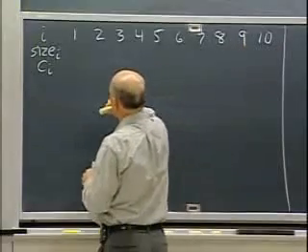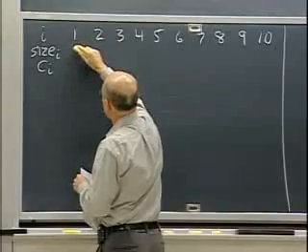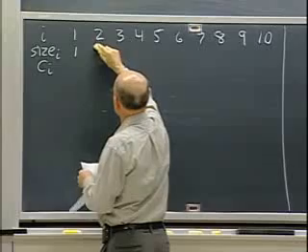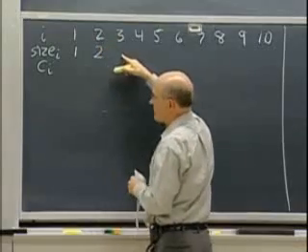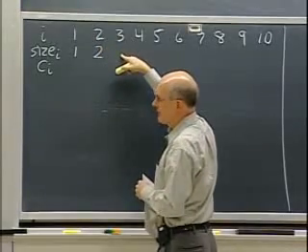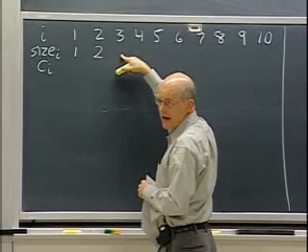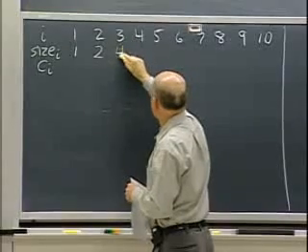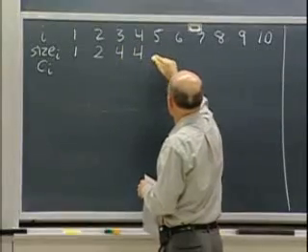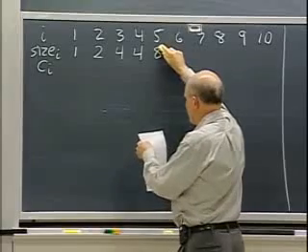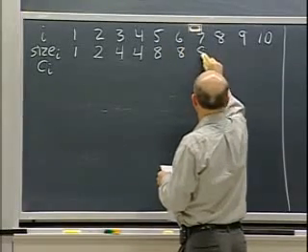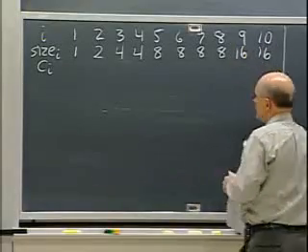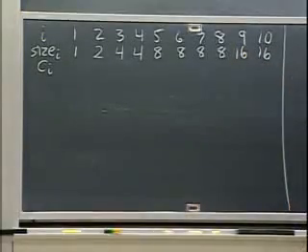Okay, so let's see, the size at step 1 it was 1. At step 2 it was 2. And at step 3, to get 3 in the table we had to double the size, so this is 4. And 4 it fit, and then 5 it had to bump up to 8. And then 6 it was 8, 7 it was 8, 8 it was 8, and 9 it bumps up to 16, 16, etc. Okay, so that's the size.